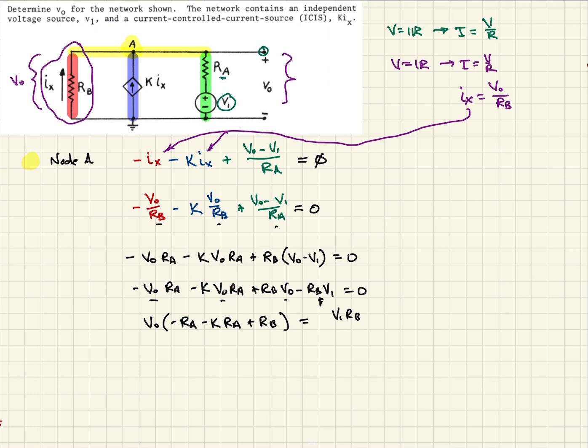And so finally, if we divide through by that amount on both sides, then we will have V0 is equal to V1 RB over RA minus RA times 1 plus K plus RB.